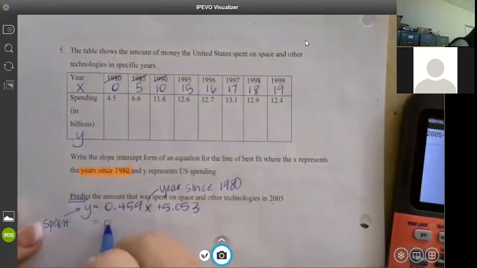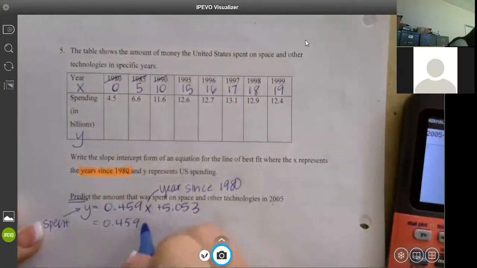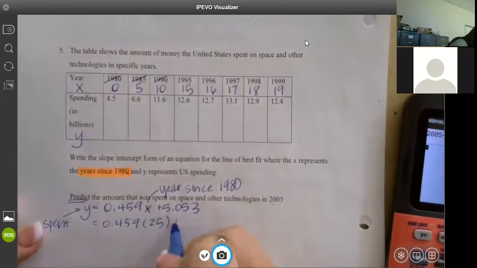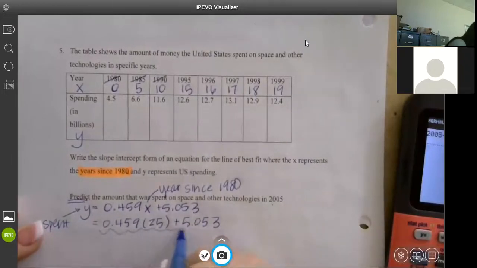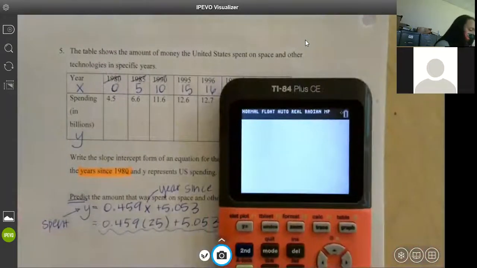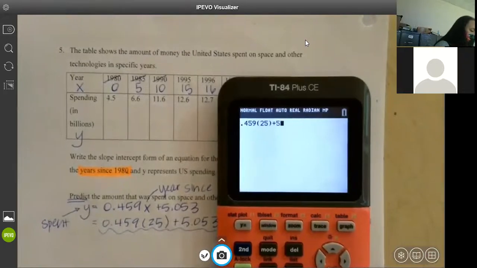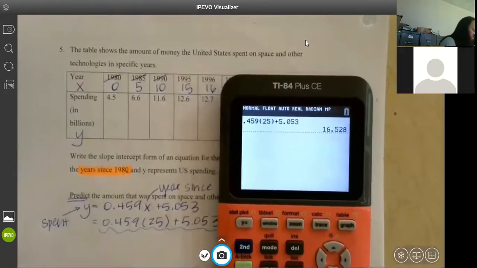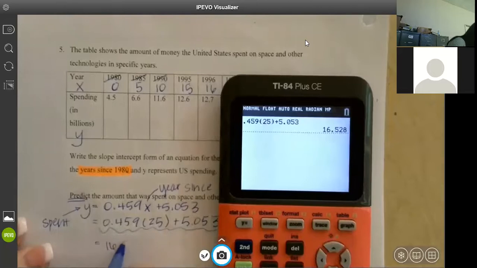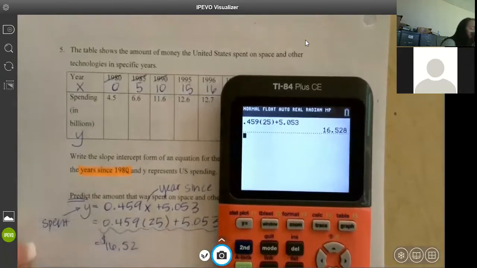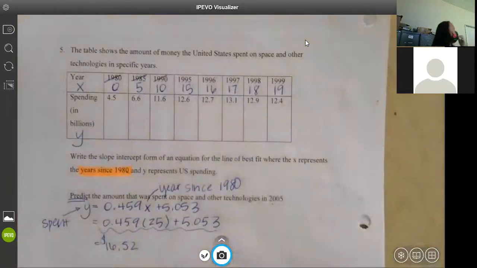So we're plugging in 25 years later plus 5.053. Remember when we plug in X, that's the easy one. We just throw this straight into your calculator. So 0.459 times 25 plus 5.053. And we get $16.52 billion. It's crazy, isn't it? It's a lot of money. Any questions? Is everybody good?